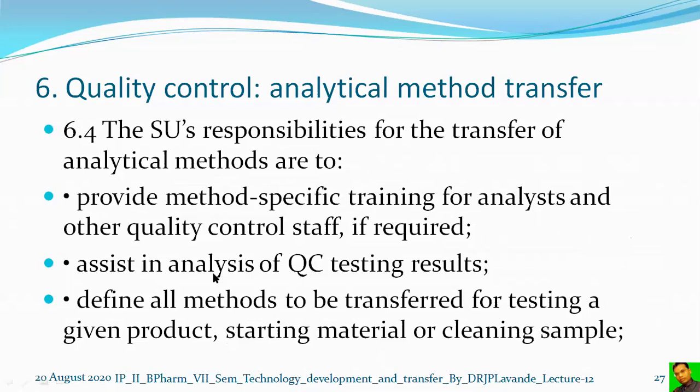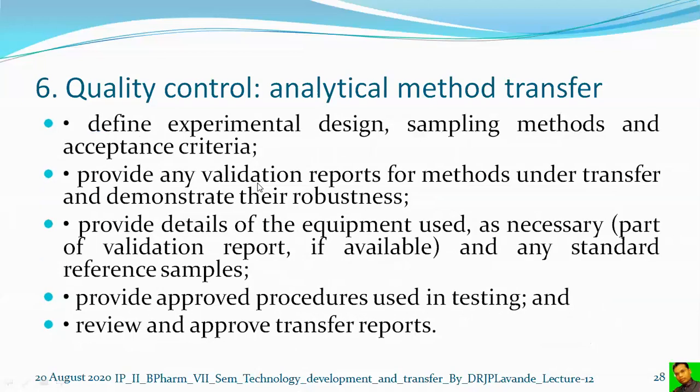They should assist in analysis of QC testing results. They should define all methods to be transferred for testing a given product, starting material, or cleaning samples. They define the experimental design, sampling method, and acceptance criteria.